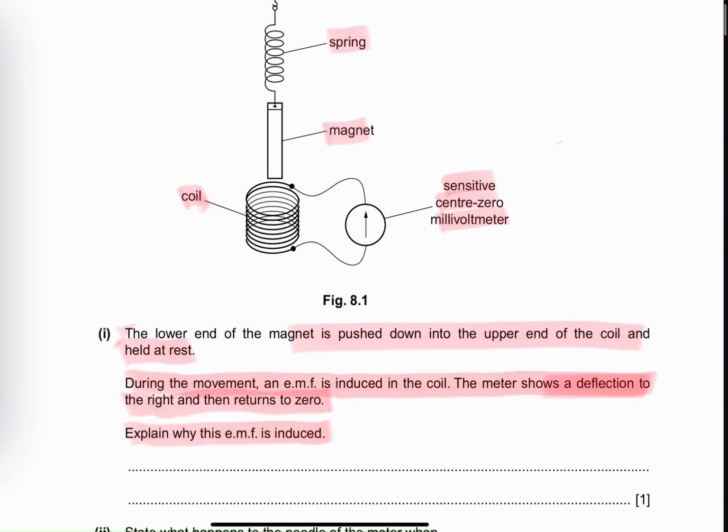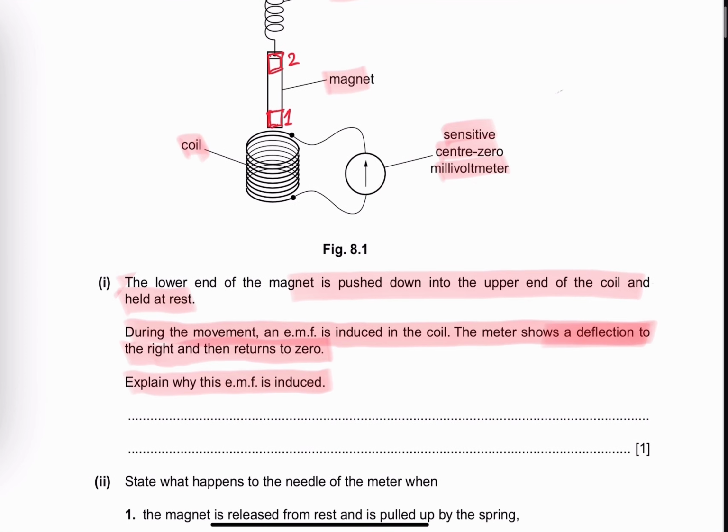So basically, this is a magnet. There is a pole on the lower side. Let's call this pole 1, and the second pole will be on the upper side. So there will be magnetic field lines coming from the pole. When you move the magnet into the coil, the magnetic field lines passing through the coil will change.